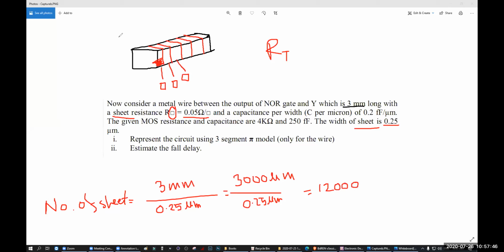Yes. So if one sheet has a resistance of 0.05, what is the total resistance? That means R wire is 12,000 multiplied by 0.05, right? Yes, sir. 600.